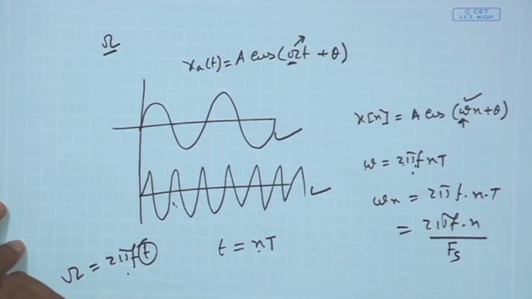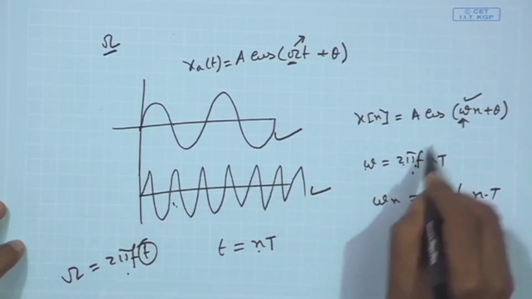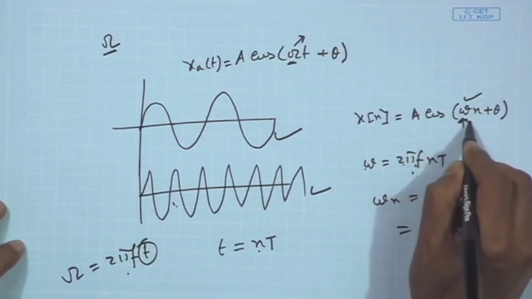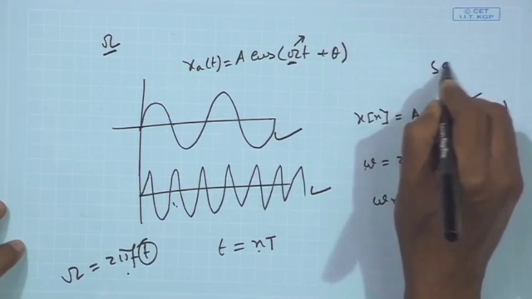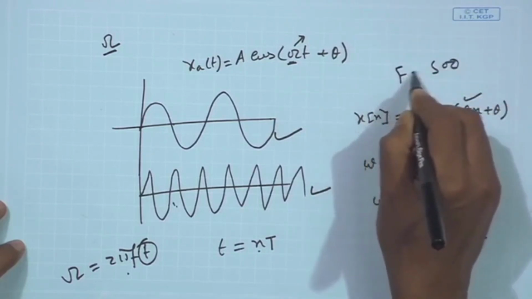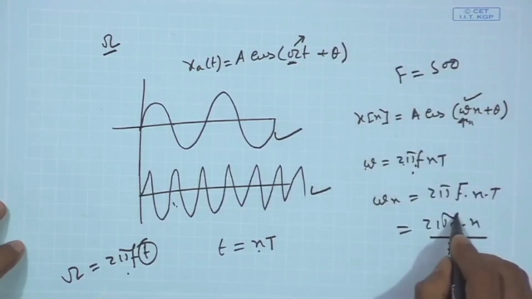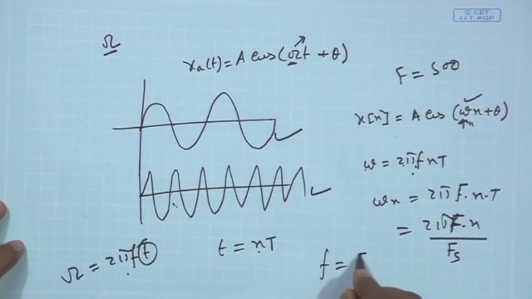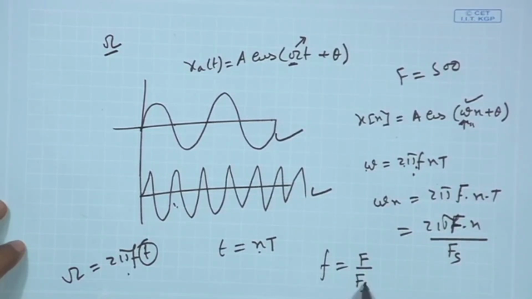Let us say the frequency of this cos digital signal is 500 hertz, denoted by capital F. So, small f is nothing but the analog frequency F divided by F s.